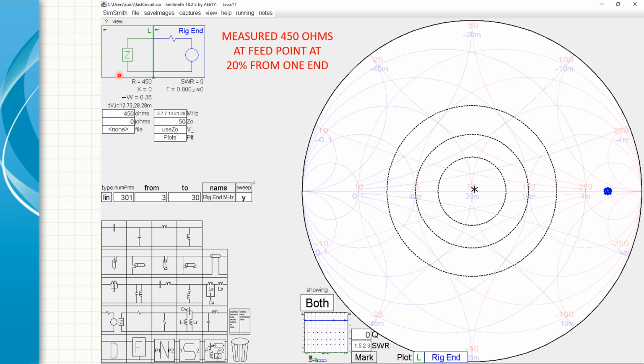And so we've started off here, note it's 450 ohms and 0j ohms of reactance. We start right off about here, and we want to get to here.